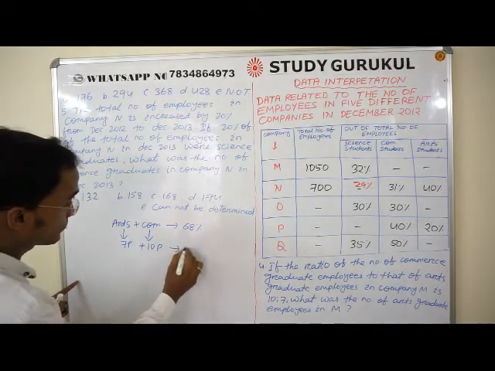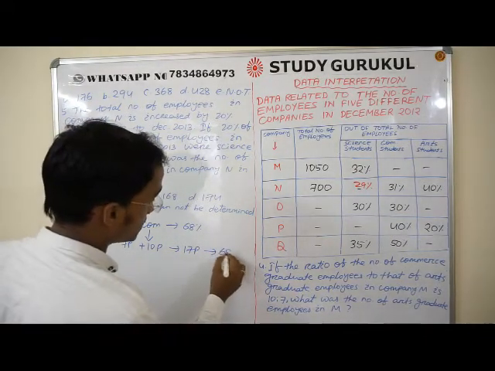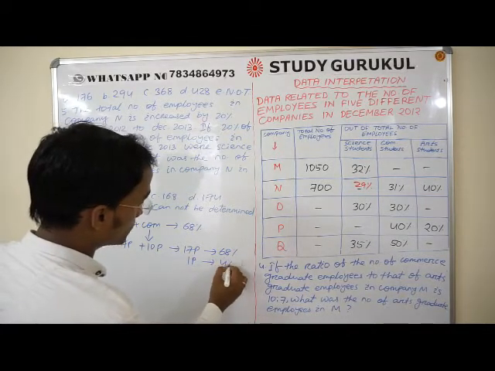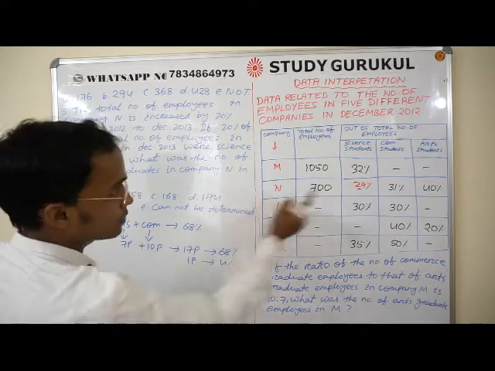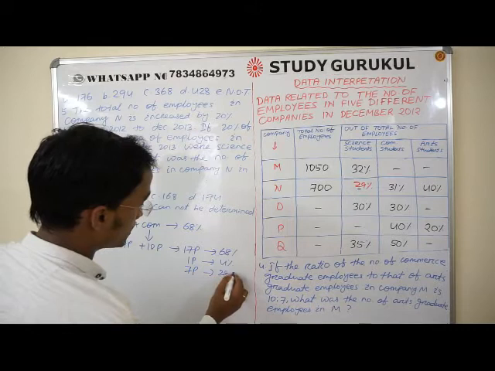So total 17 parts, and 17 parts is 68%. So 1 part equals 4%. Now we have to find the art students. So 7 parts equals 28%.